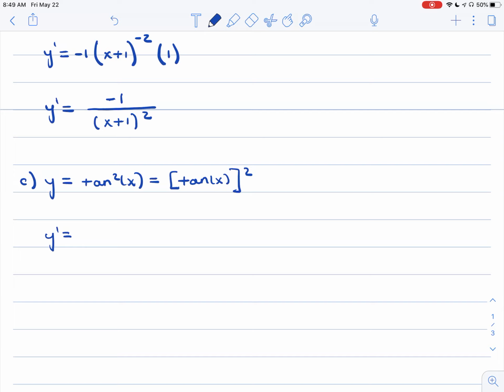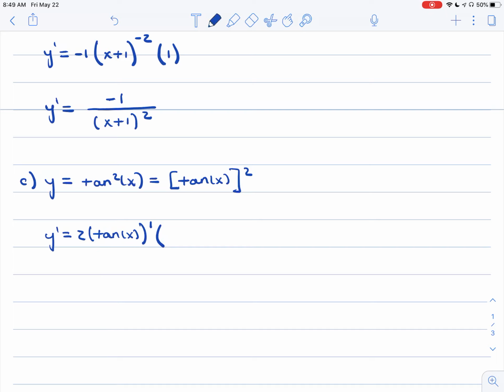All right, so starting with the outside function, which is again the square, we'll just use the power rule. So that'll give us 2 times tangent of x raised to the power of 1 if we subtract. And then multiply by the derivative of the inside function.